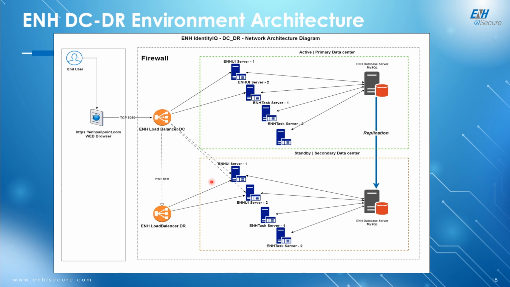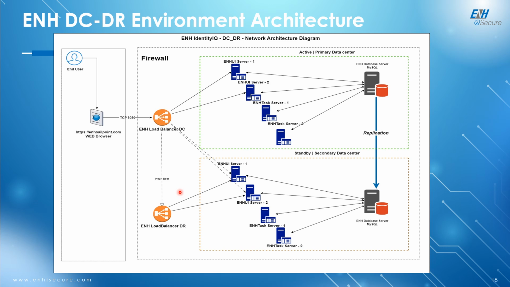ENH also recommends this kind of environment, and we have also proposed a load balancer replication as well. Here we have utilized two load balancers, one active and one standby. The active one handles the traffic under normal conditions, while the secondary load balancer remains standby.